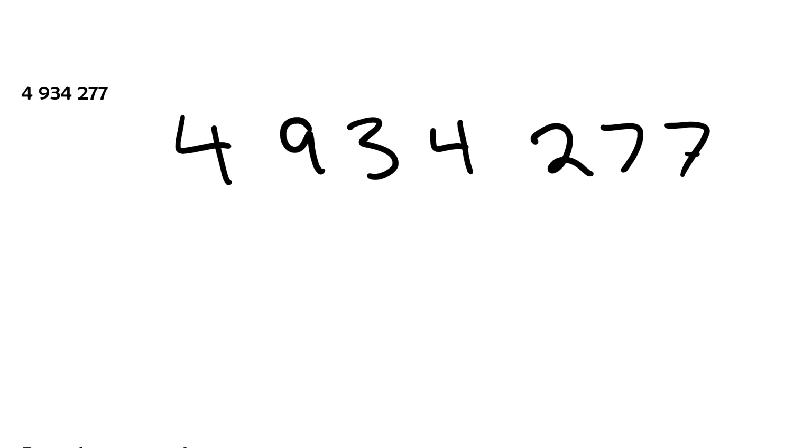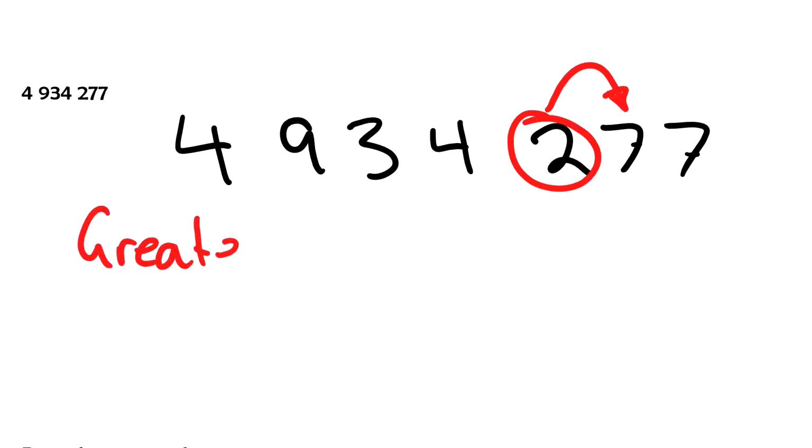So here we have another one. I'm going to write it a bit bigger. Again, I'm going to circle, we're rounding to the nearest 100. So I'm circling that number. Now we're focusing on the number to the right of that, which is a 7. Now 7 is bigger than 5, so greater than. And that means we need to round up.